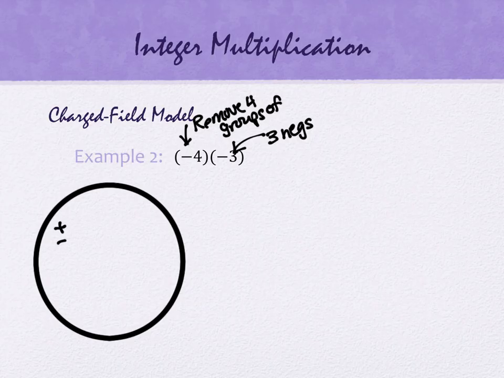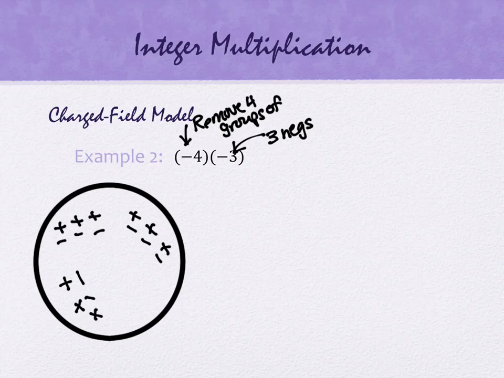That's the 0 pair, a positive and a negative. Like that. Okay, so the picture looks the same, but I'm going to be removing which ones this time?